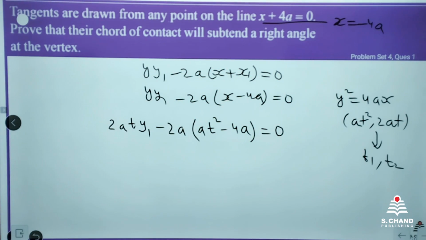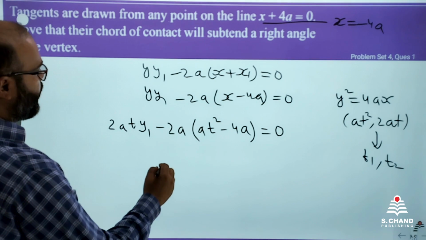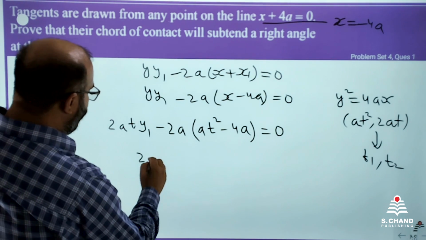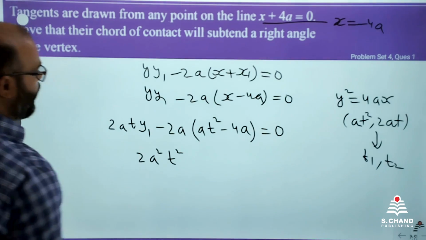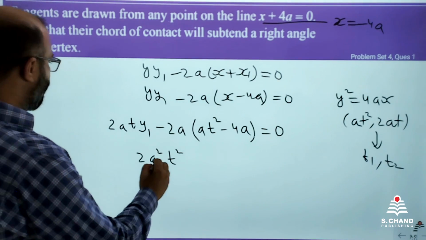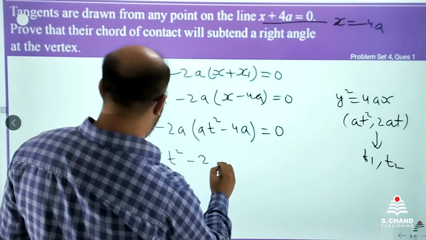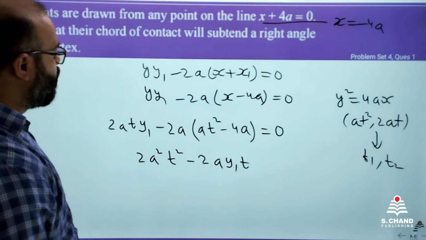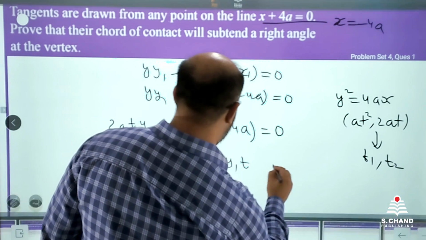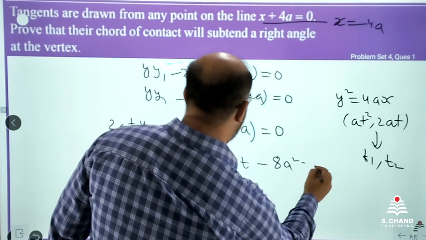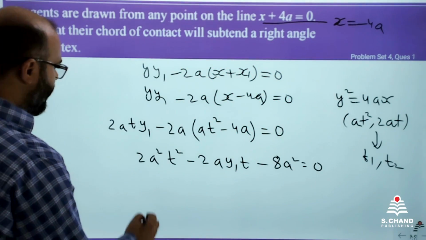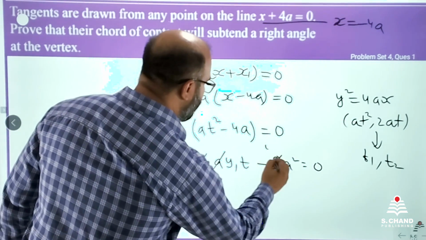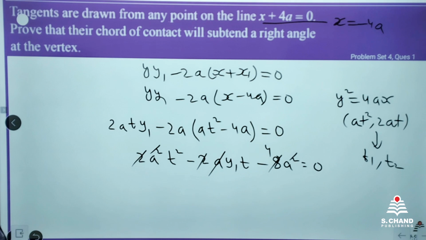Now if we write it as a quadratic in t, it will become 2a square t square minus 2a y1 t minus 8a square is equal to 0. Now you can cancel 2a.